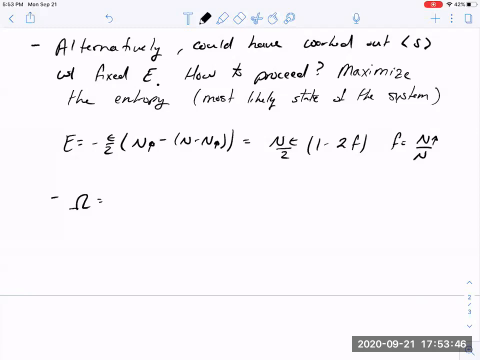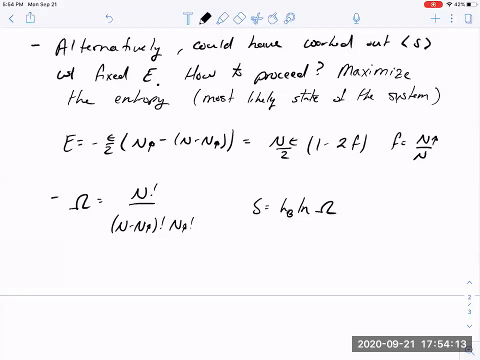That's a combinatorial problem you've run into a number of times already this semester. It is given by a binomial coefficient, N factorial over N minus n up factorial with this permutation of n up factorial. And the entropy follows just through Boltzmann's definition, kB log omega.